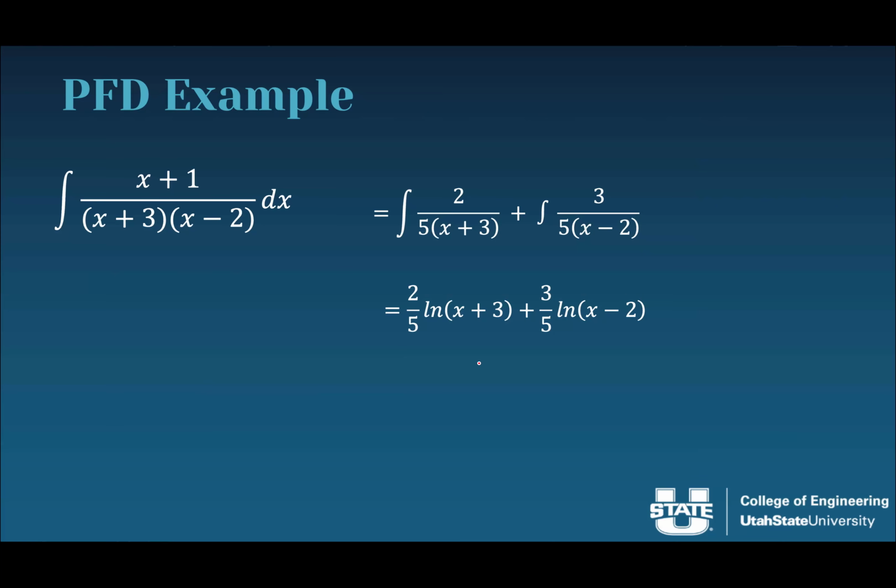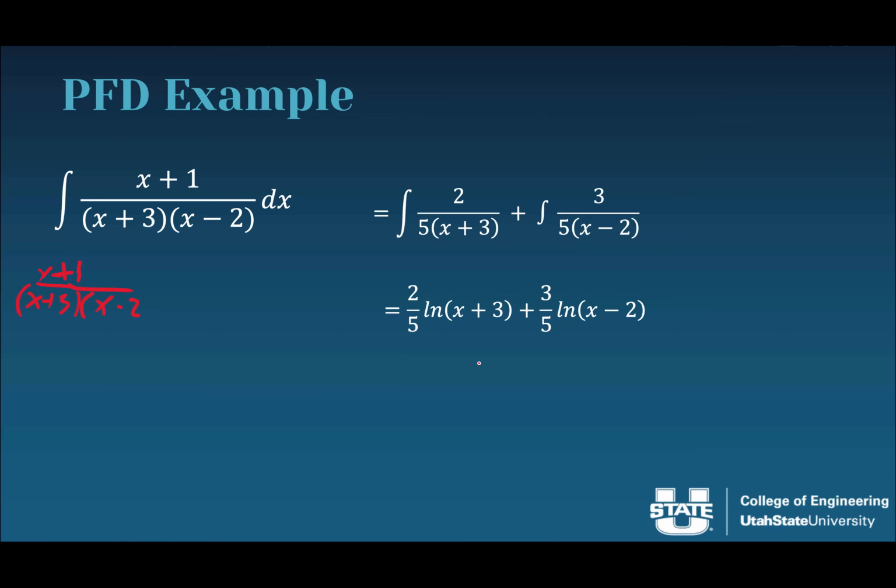All right, so this one, x plus 1 over x plus 3 times x minus 2. This would be a really ugly fraction to evaluate as an integral. So we're going to use partial fraction decomposition to make this a lot simpler. To start off, we're going to break this up. I'm going to rewrite this to make it look a little better.